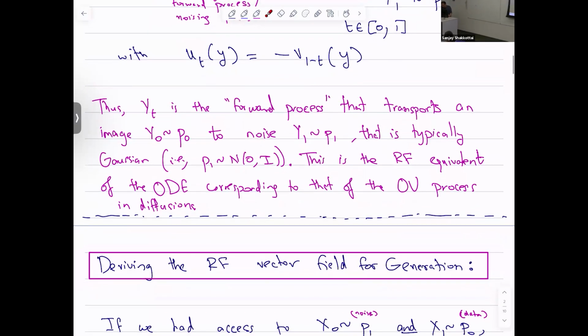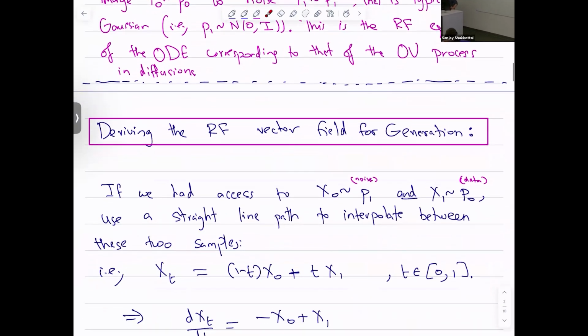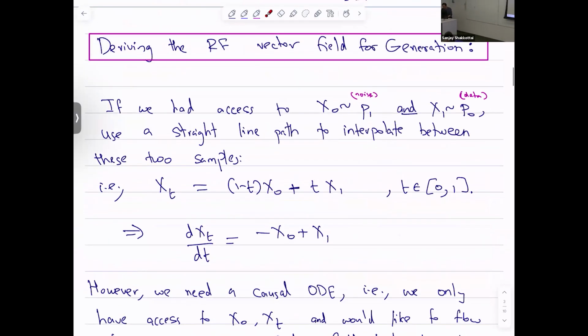So, deriving the rectified flow vector field for generation. Now we are sort of diverging from DDIM. DDIM was trying to match the marginals of the stochastic evolution of the Anderson reversal of the OU process. Instead, here you're doing the following. Let's say we had access to a noise sample and a sample from the data distribution, x0 and x1.